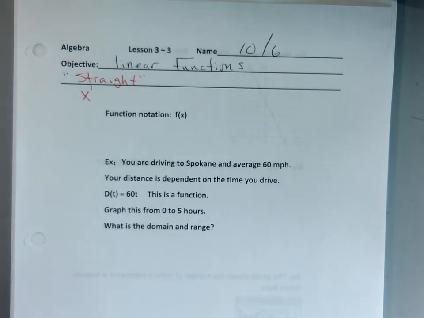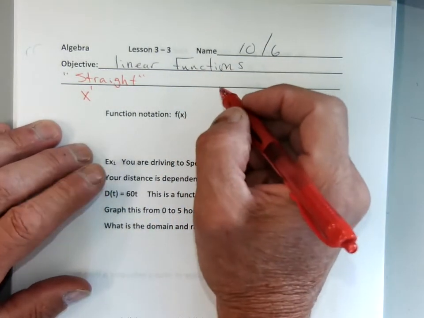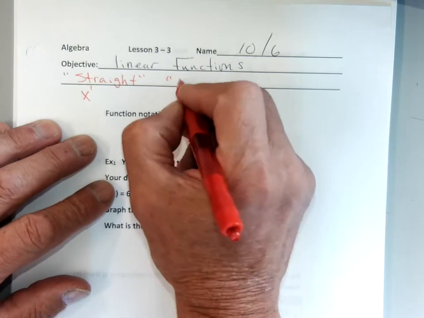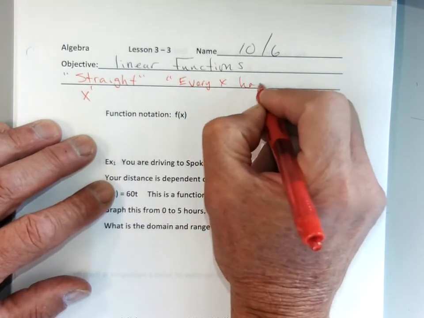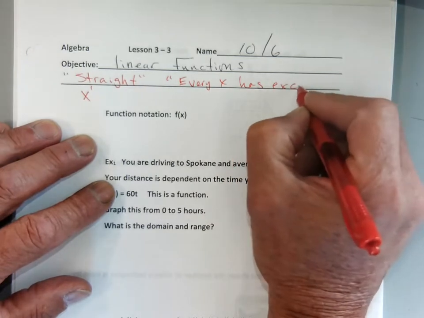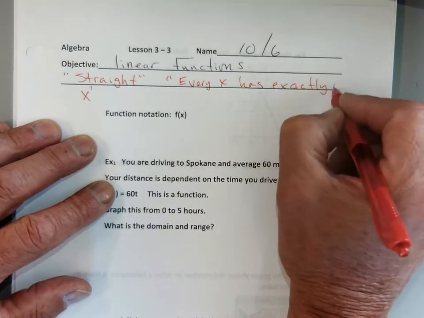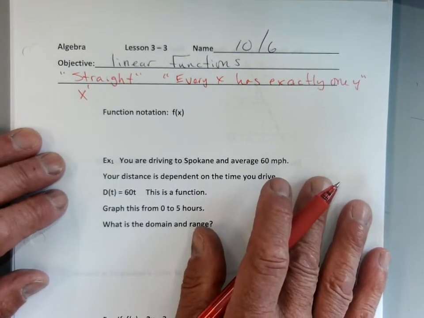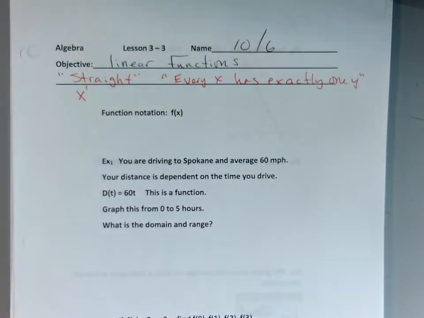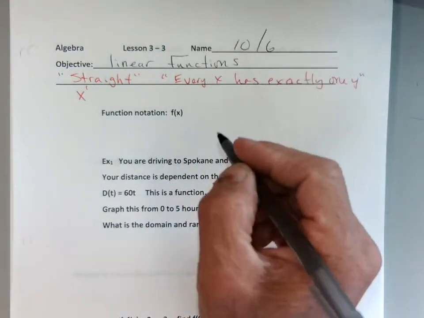And functions means that it's going to pass the vertical line test, or every x has exactly 1 y, right? So function notation, f of x. For us, write this down.